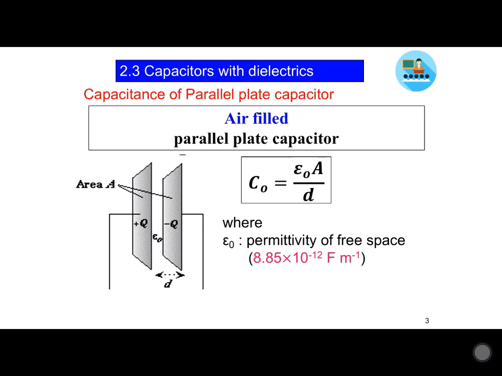This is the case where there is no dielectric yet, no dielectric material inserted between the parallel plates. So we use the value of epsilon naught, the permittivity of free space, and A is the area of the plate, and D is the plate separation, the distance between the two parallel plates.